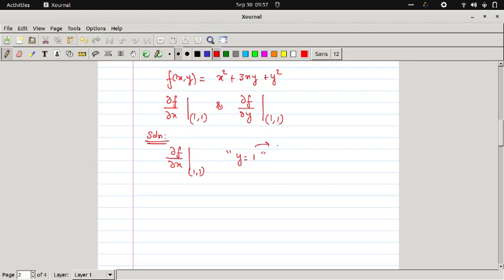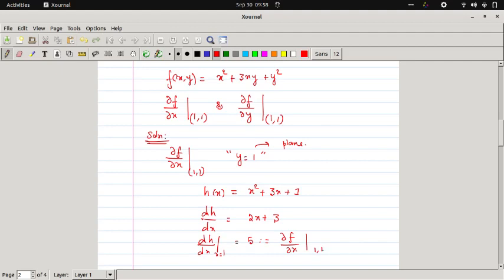It is a plane, and I intersect it with the surface f of x comma y. So I get the curve h of x equal to x square plus 3x plus 1. Now dou h by dou x is 2x plus 3. At x equal to 1, I get 5. This is my dou f by dou x at 1 comma 1.